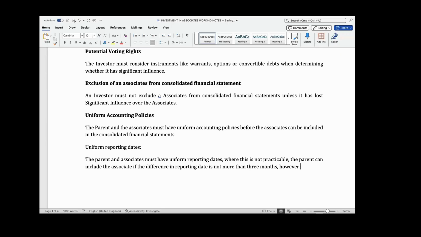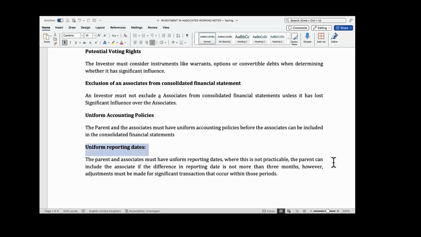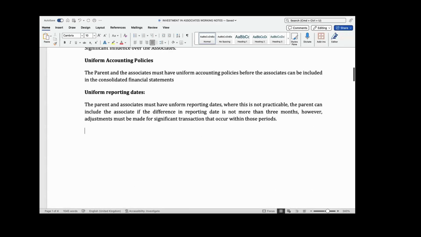However, adjustments must be made for significant transactions that occur within those periods. All of these, you have had them before. I just intentionally went over it.